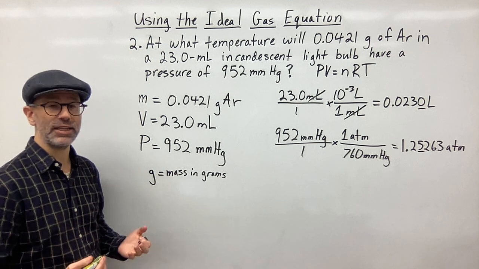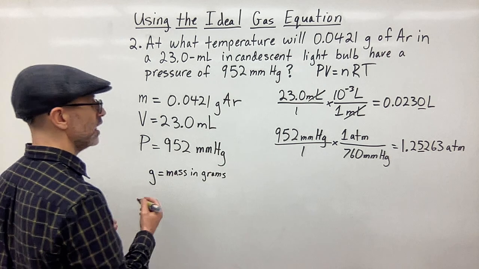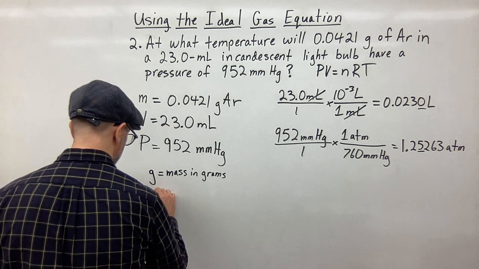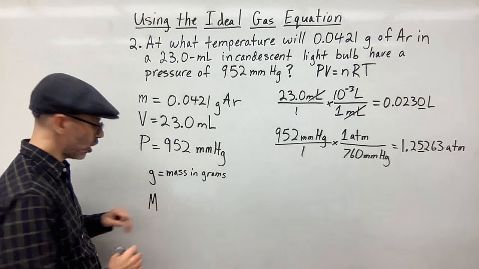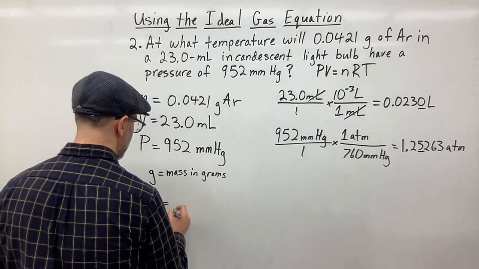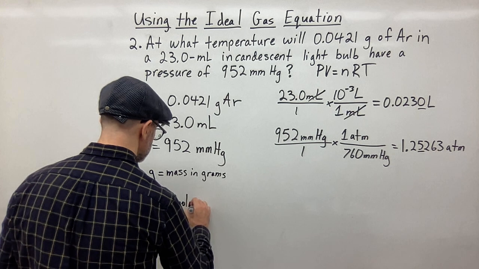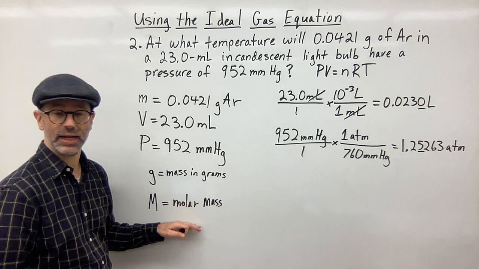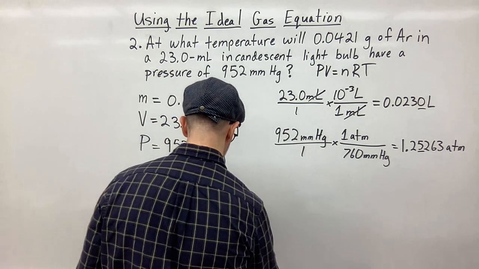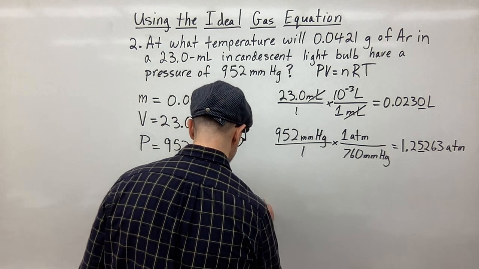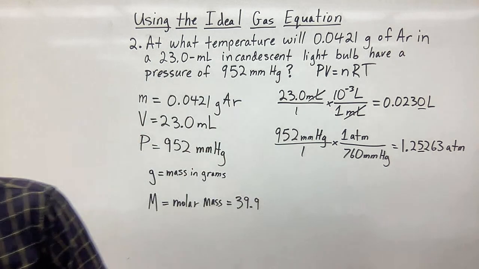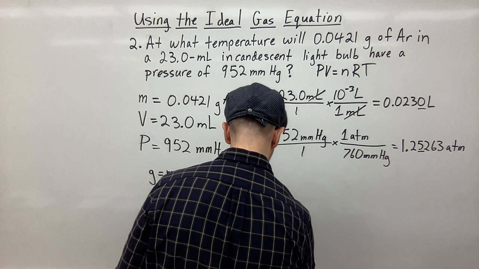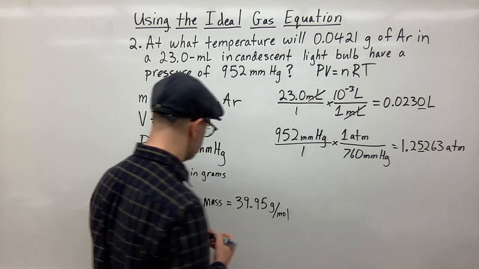And we can find the molar mass of the substance, in this case the argon. We'll say a capital M is the molar mass, and the molar mass of argon, let me double check again, is 39.95 grams per mole.